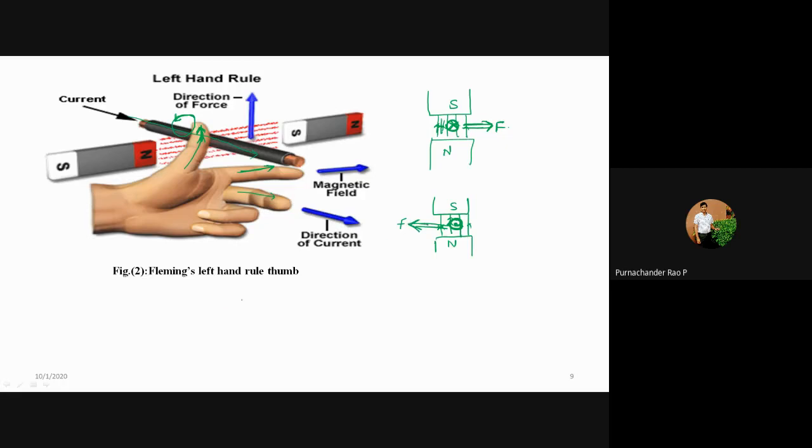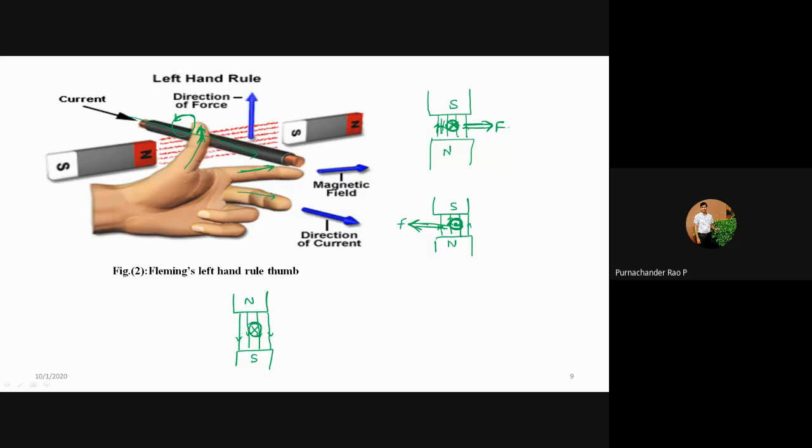Then in the same case, I will change the direction of the magnetic field now. I will interchange the positions of North Pole and South Pole, and therefore here the flux lines will be like this. These are the direction of flux lines, and in this I am placing the conductor which is carrying the current.